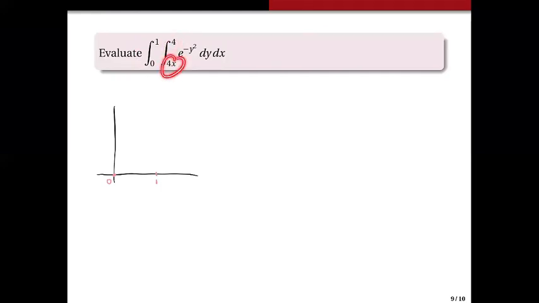For the 4x, when x equals 0, we get the lowest to be 0. So it means we will need y equals 0 until y equals 4. Let me just extend this. Say this is your 1. So this is 1, 2, 3, 4. So this is the 4 for the y.